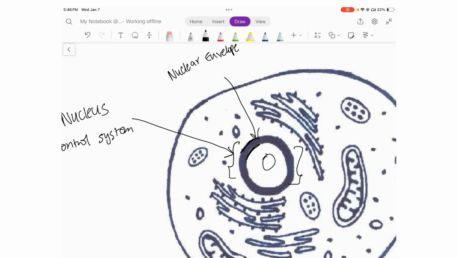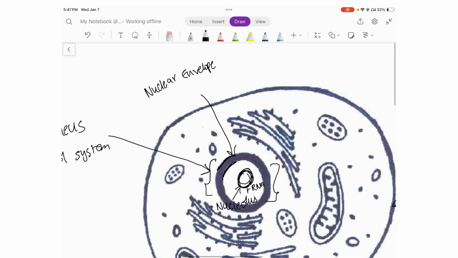The nucleolus, which is this circular structure that I've drawn over here, is responsible for making a substance known as rRNA. It's basically involved in ribosome synthesis. So the nucleolus makes ribosomal subunits.